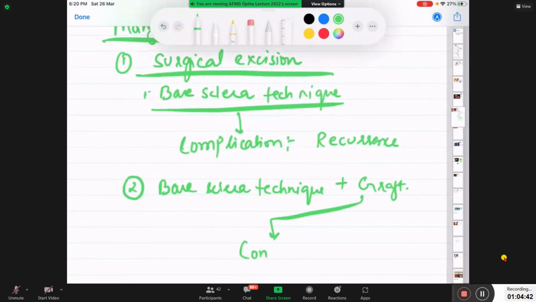It is taken from the conjunctival limbal grafting. From the limbus, we take the graft of the conjunctiva from the superior half, and we graft it at the site of the pterygium.